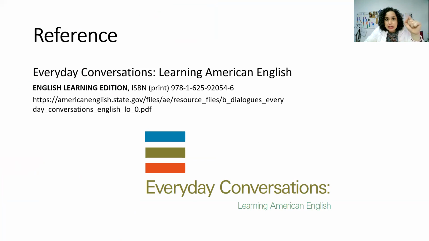You have it in Canvas under the module for week 17, but you can also click on the link and download it yourself. It has 30 different examples. We're going to cover a few of them, and I'm going to advise you to keep practicing with them for the rest of the week.